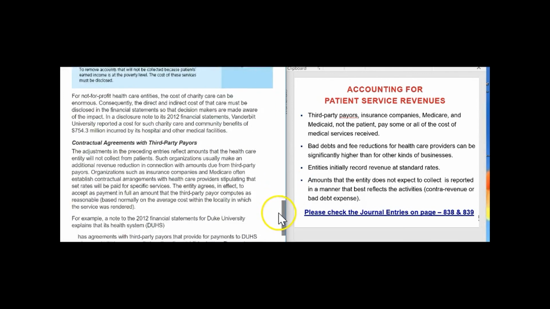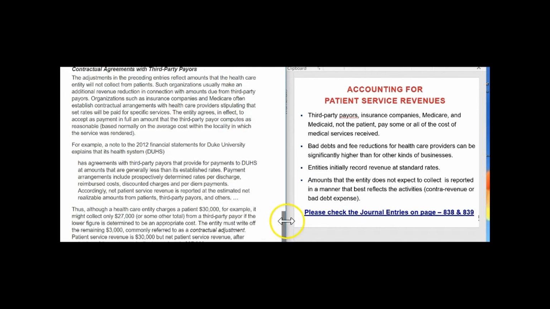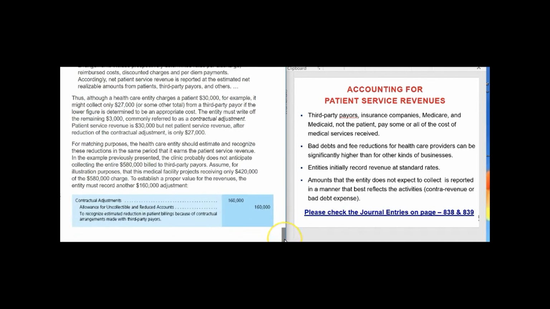Now you will see that sometimes a healthcare entity may have a contract with those third-party payers, and that contract could specify a fixed rate that will be paid for a specific service, and it is very common. So if they have this type of contract, and if they recognize that some portions will not be collectible, then they also need to show an adjustment to reflect that amount.